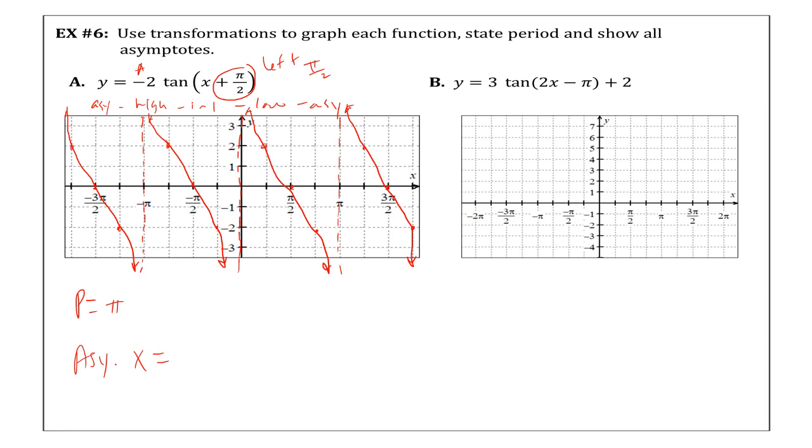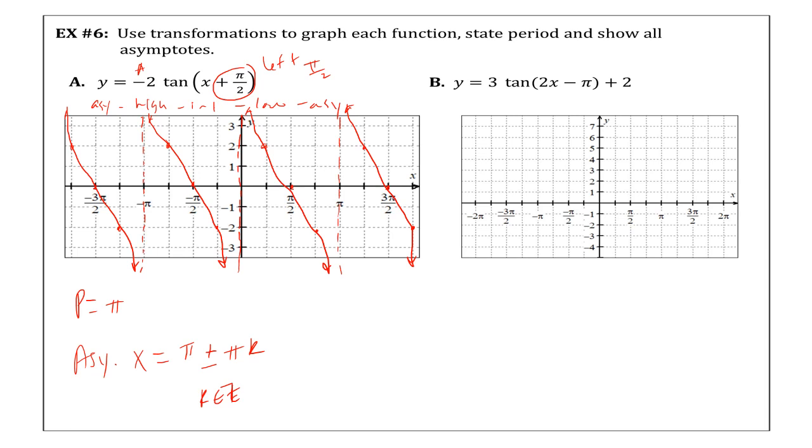I guess it's just all pi values, technically. So we just keep going: 1 pi, 2 pi, 3 pi. So we would write that as pi, because it goes left or right, plus or minus pi times k. Okay? And again, k is an integer.